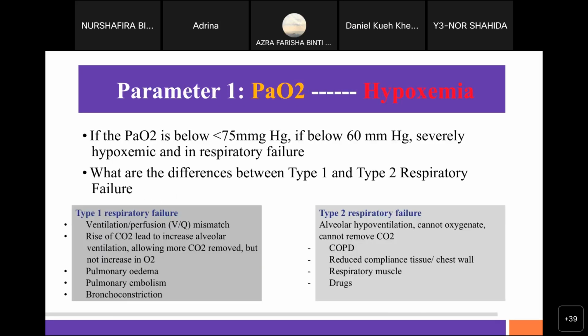High flow mask, then NIV, but you will learn more on oxygen delivery, right? There will be another session for oxygen delivery. For ABG interpretation in OSCE, they can also ask a short clinical scenario. Let's say the patient presented with shortness of breath, SpO2 under room air only 70, and they give the ABG result and ask you to interpret it.